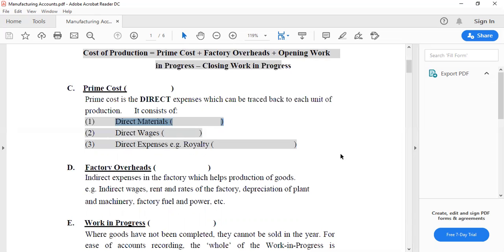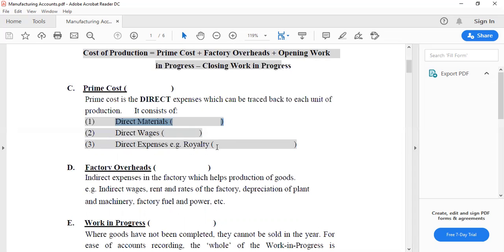The cost that you can easily tell has been incurred on that product, that can be directly seen on that loaf of bread. For direct materials, in the loaf of bread example, the direct material here could be the wheat flour. It's easy to identify wheat flour in that bread, isn't it?